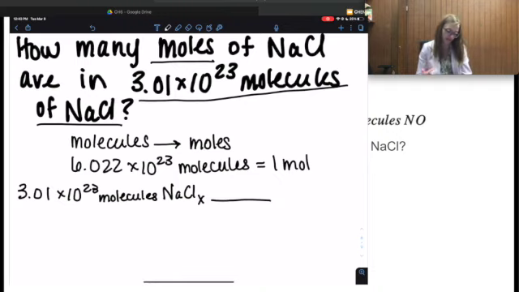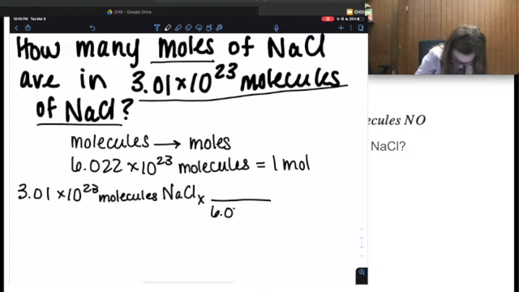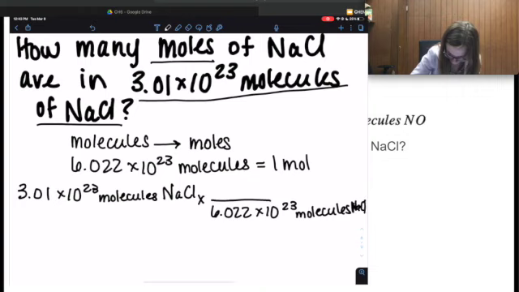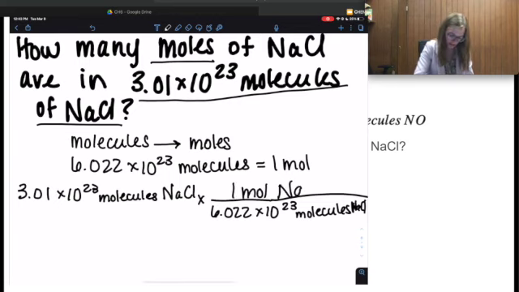And I want to convert that to moles. So that means I want to make sure molecules cancels out. So I'm going to put 6.022 times 10 to the 23rd molecules of NaCl. Sorry, I ran out of room there. Molecules of NaCl, and that's for every 1 mole of NaCl.